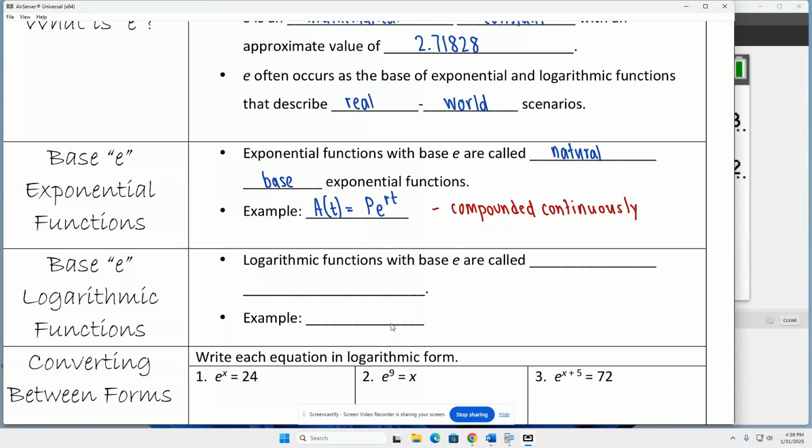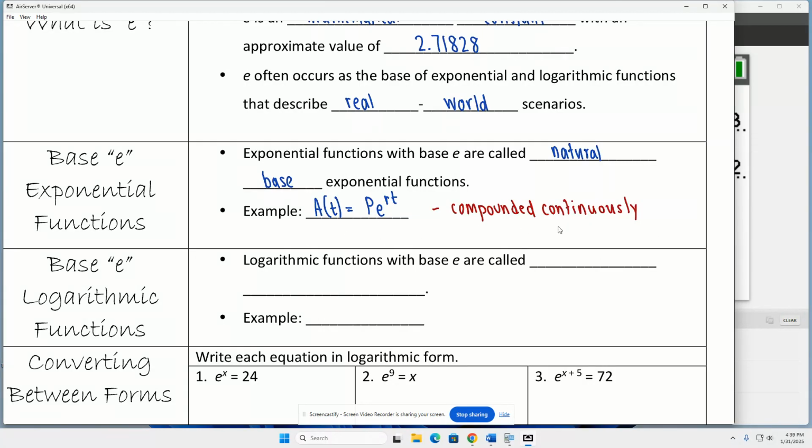But remember when we talked about exponential equations, we said you have an exponent that has a variable in it, and then the base is immediately below it. e is the base of this exponent. P is being multiplied by it. It's not a part of the base. e is the immediate base of that rt exponent. So this is a natural base exponential function, compounded continuously.